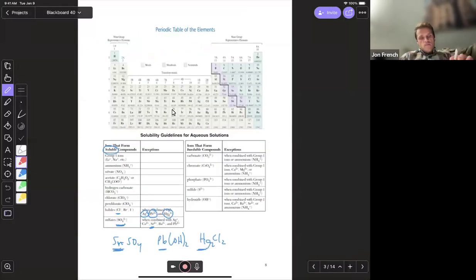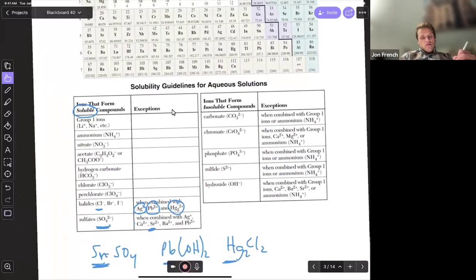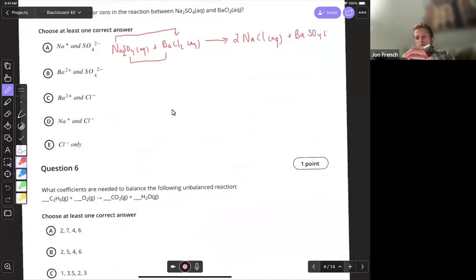We know that sodium chloride is always soluble, so we don't have to worry about that. The sulfate, we go down here. Sulfate is soluble unless we have barium in solution. We have barium in solution, so we're going to precipitate a solid barium sulfate.